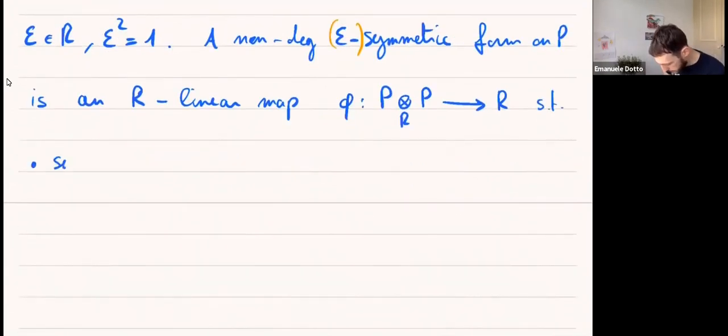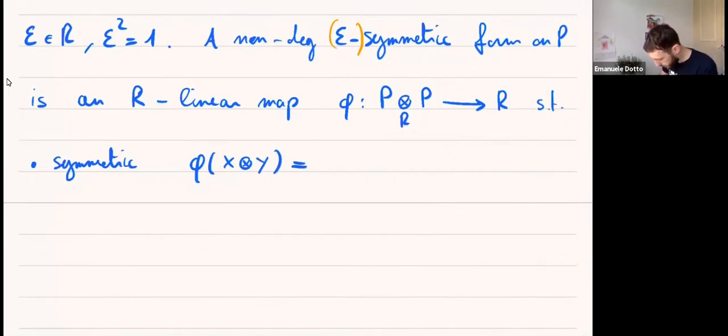It's symmetric, so this means that if you evaluate it at the tensor product of two elements in P, this is the same as evaluating it at the tensor product of the two elements the other way around, but then we pick up a twisting by this unit epsilon. I should have said that epsilon is typically 1 or minus 1. So that's symmetric, and it's non-degenerate.